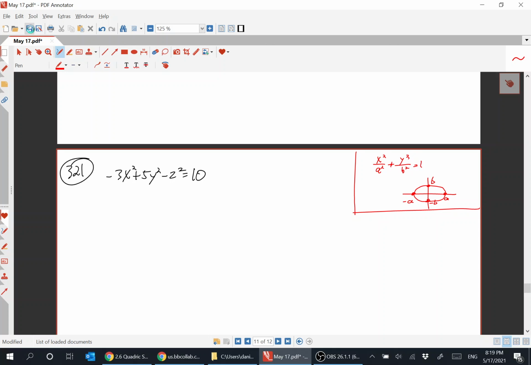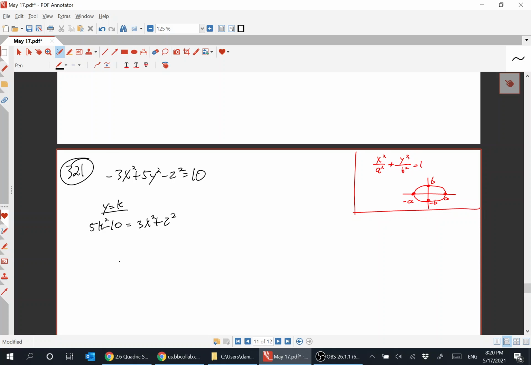So here, which variable should I make a constant? We're going to make y a constant. Y equal to k. Because if I let y equal k, I get 5k squared minus 10 is equal to 3x squared plus z squared.